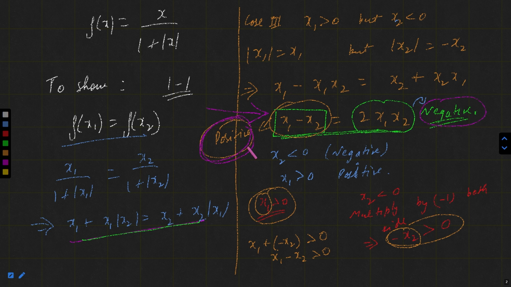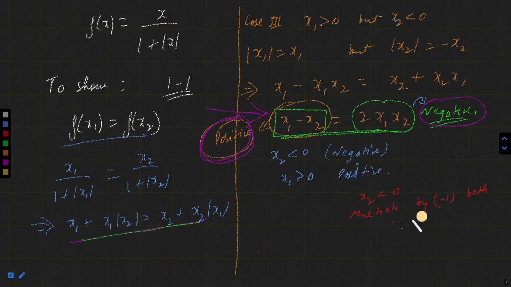This can only happen when both sides are equal to 0. So from this I can say that both sides must be equal to 0, and therefore x1 is equal to x2.